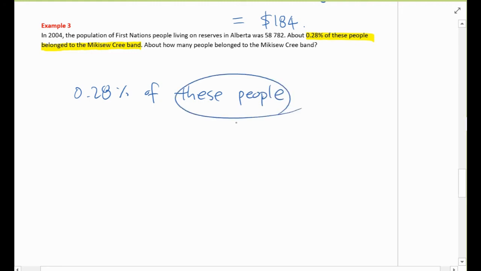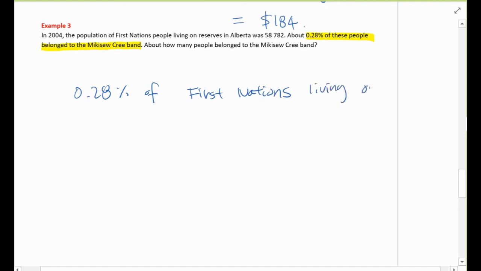Who are these people, everyone? First Nations people living on reserve in Alberta.